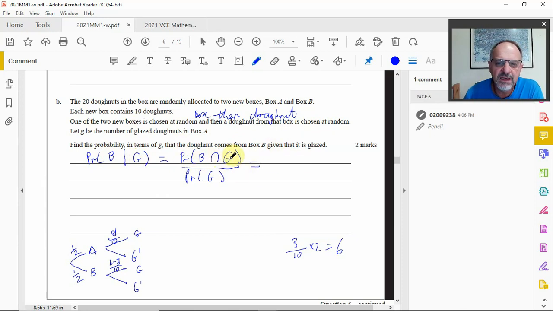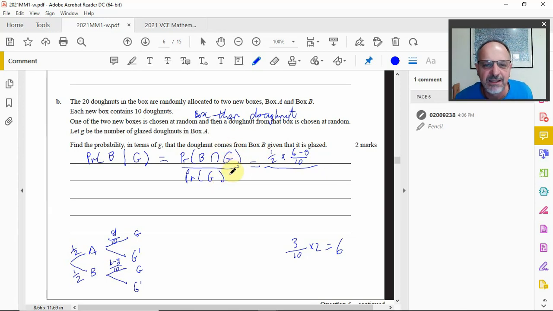For the intersection between B and glazed, follow along the tree branches and multiply along those branches. So 1/2 times (6 minus G) on 10, over the probability that it's glazed.